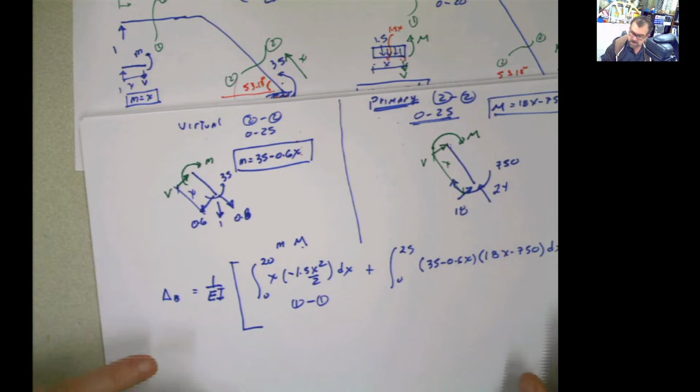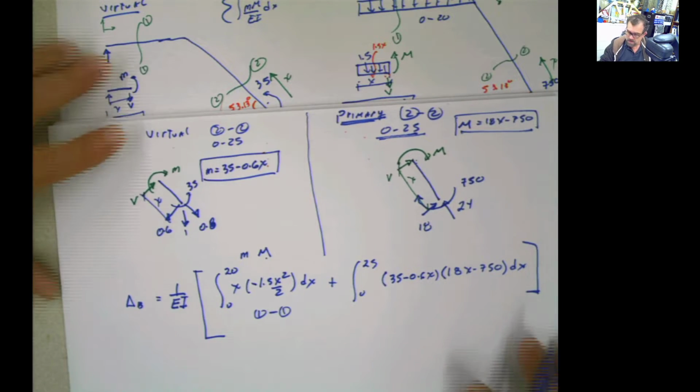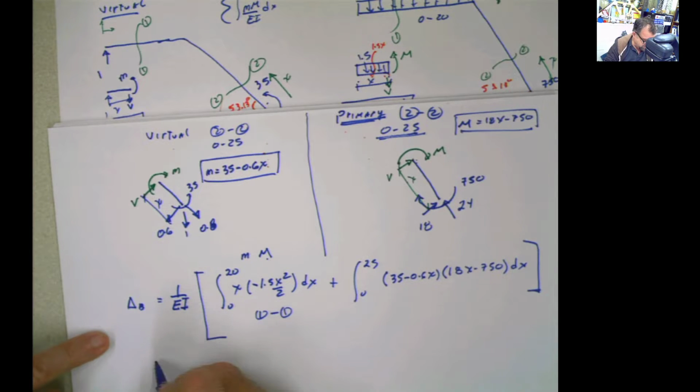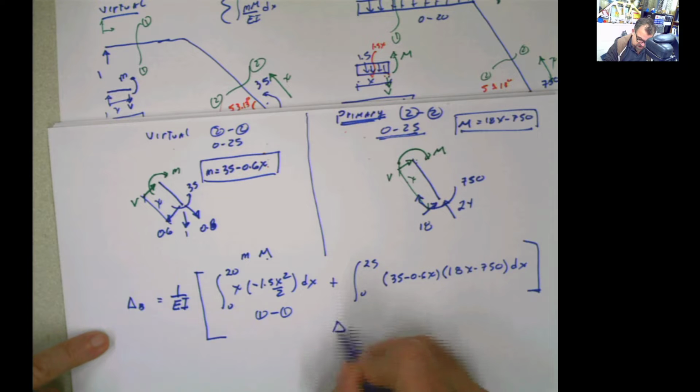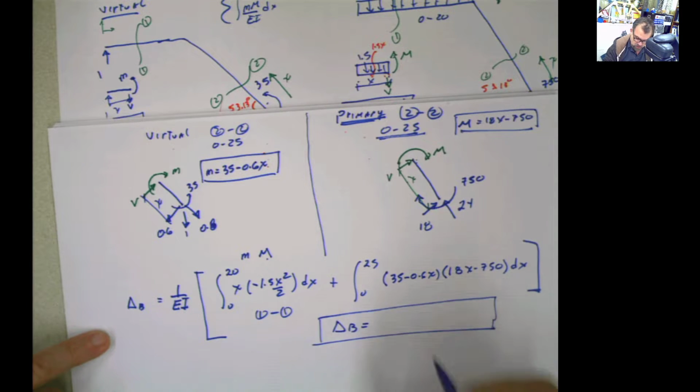I'm not going to waste time of the video, because then people see the videos too long and they get bored. But you can have fun solving it, and then you can get the deflection at that point B, due to the elimination of the redundant force, will be negative 405,000 divided by EI.